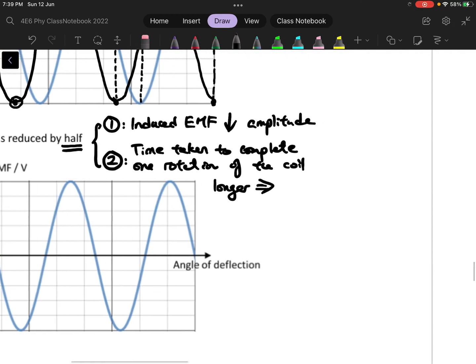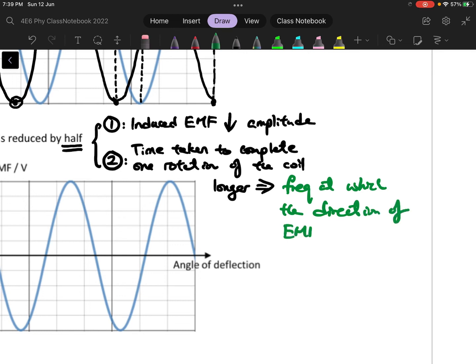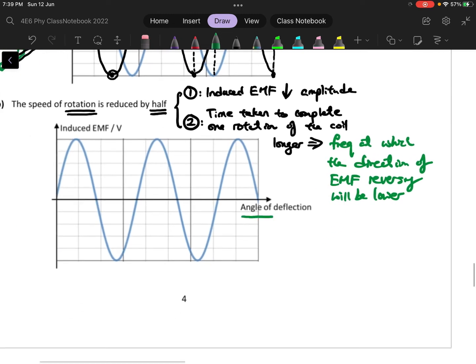And so the implication is that the frequency at which the direction of EMF is reversing will be lower, right? But in this particular graph, because the x-axis is not time but the angle of deflection, you will find that this particular effect will not be reflected on this graph.